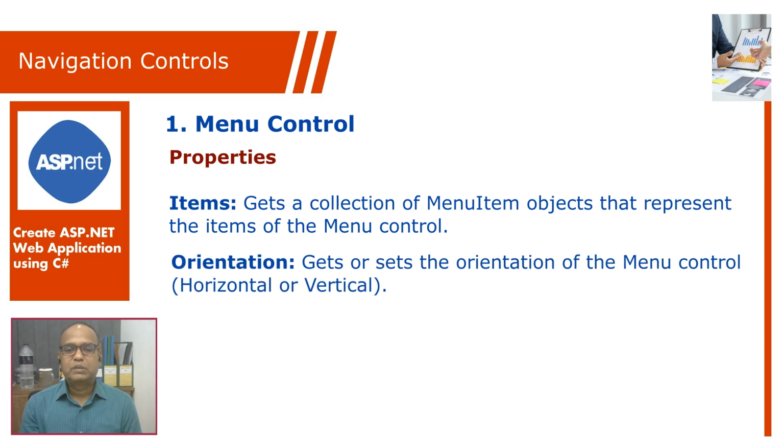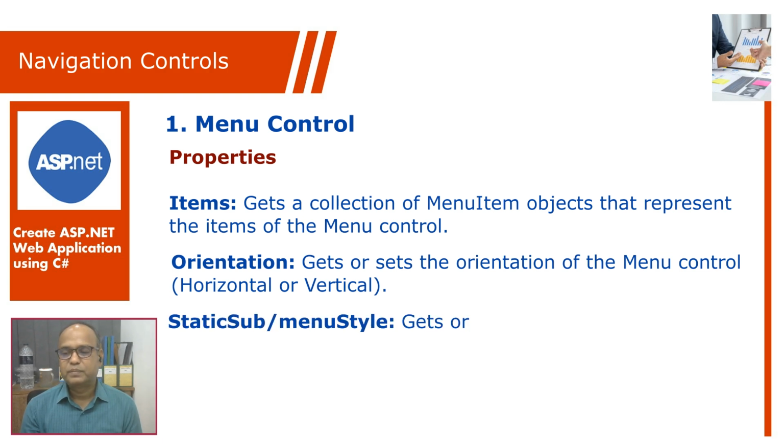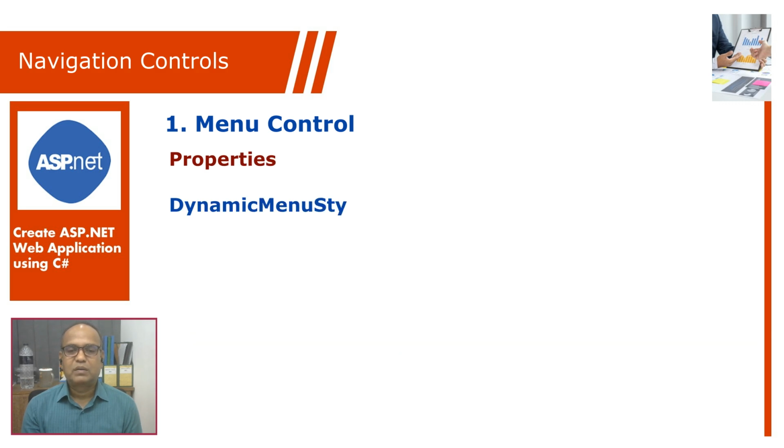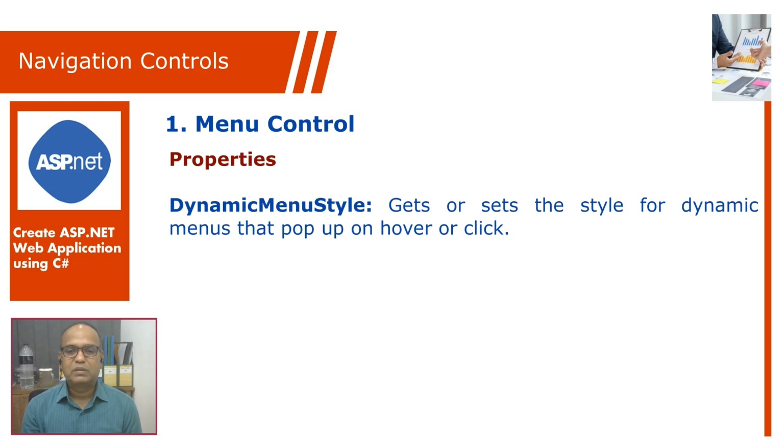Orientation gets or sets the orientation of the menu control, horizontal or vertical. Static sub-menu style gets or sets the style for static sub-menus, including properties like background color, padding, etc. Dynamic menu style gets or sets the style for dynamic menus that pop up on hover or click.